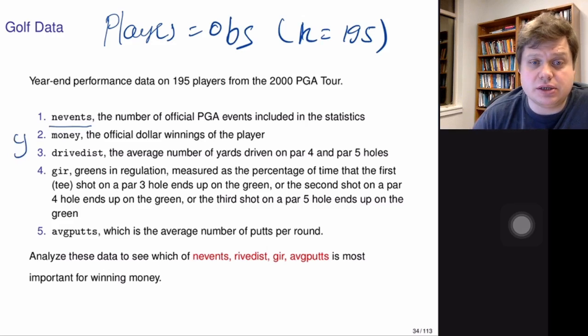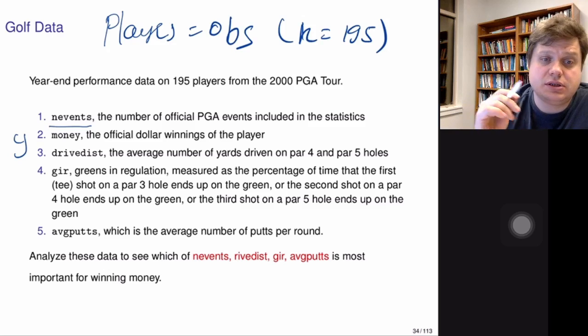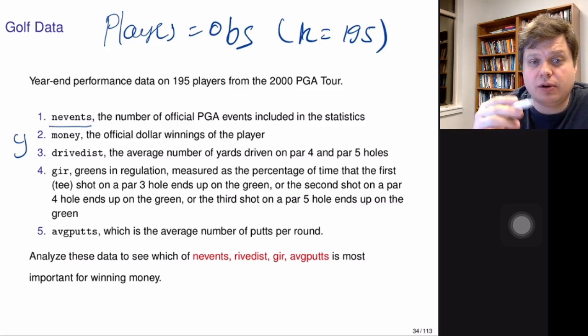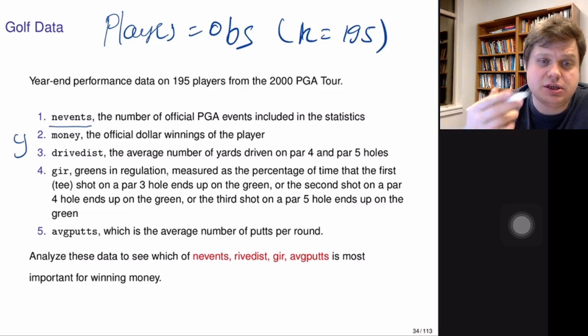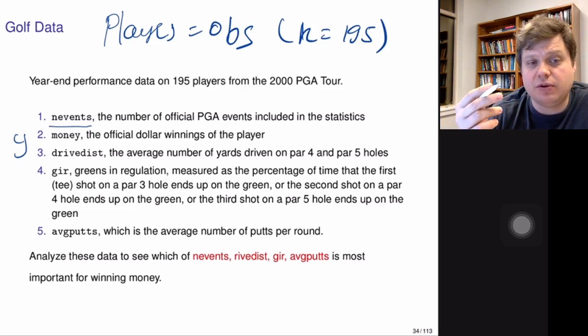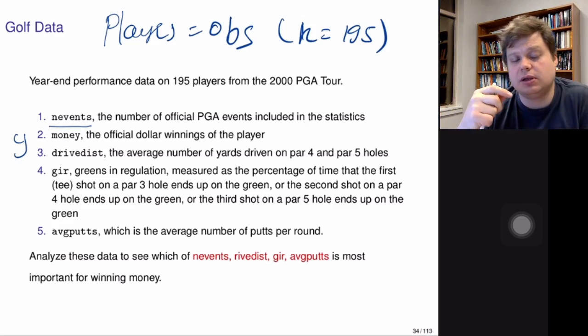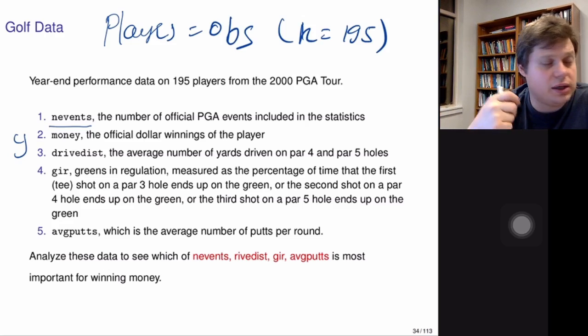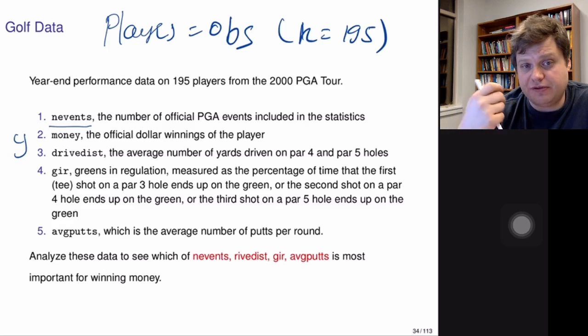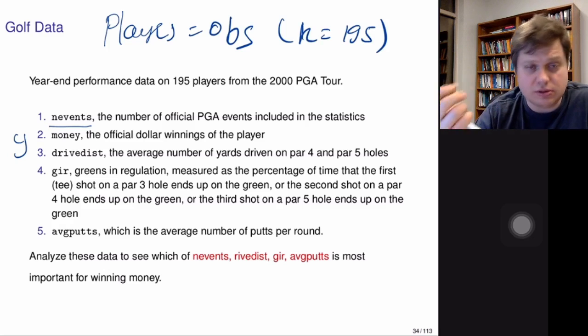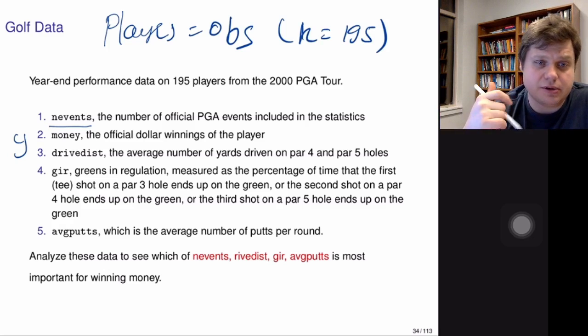Green in regulation is measured as the percentage of time that the first shot on a par 3 hole ends up on the green, or the second shot on a par 4 hole ends up on the green. Essentially, you make it onto the green in two fewer attempts than allowed. So if you have 3 attempts and you do it in 1, that's green in regulation.